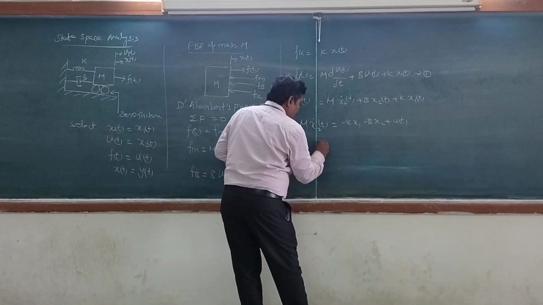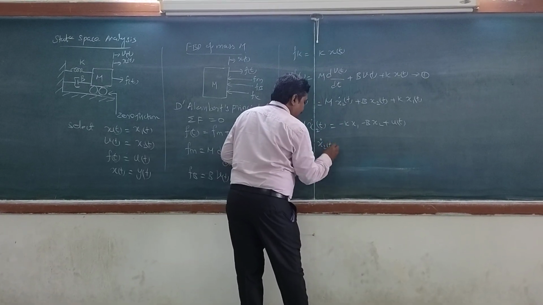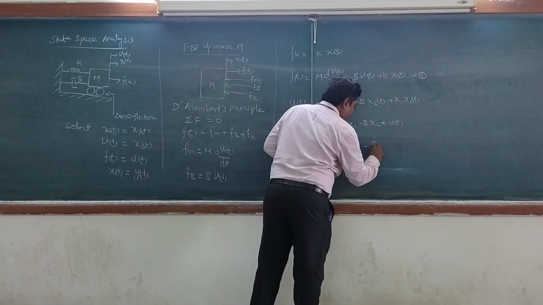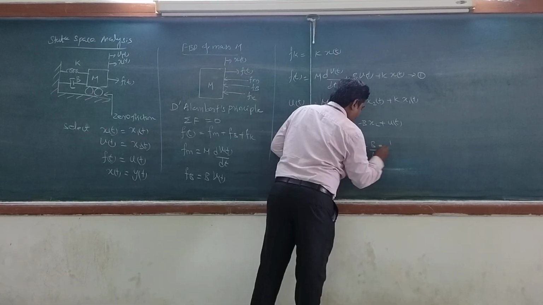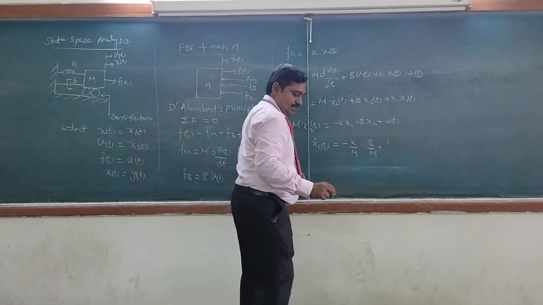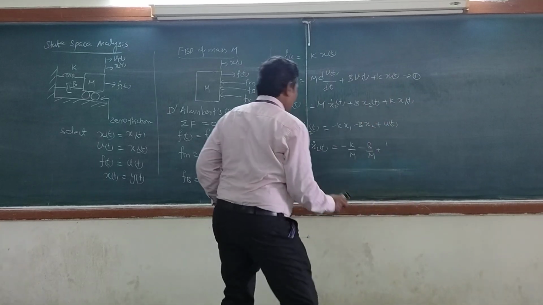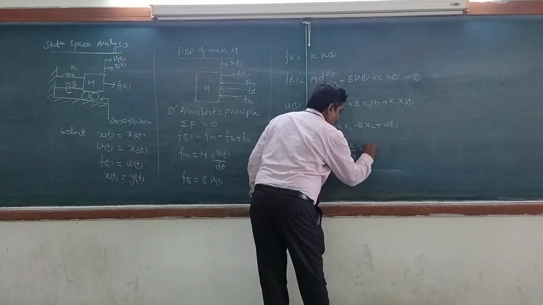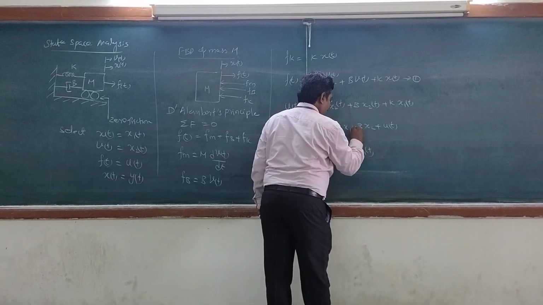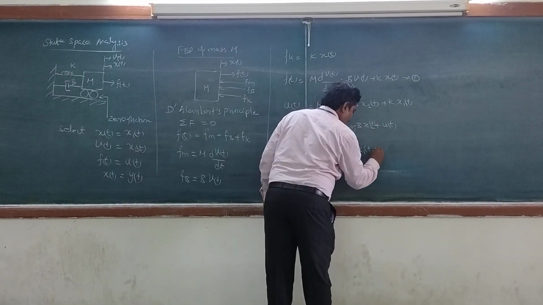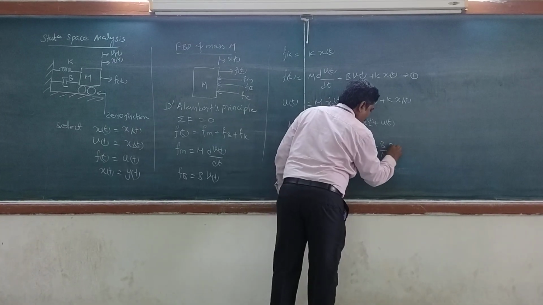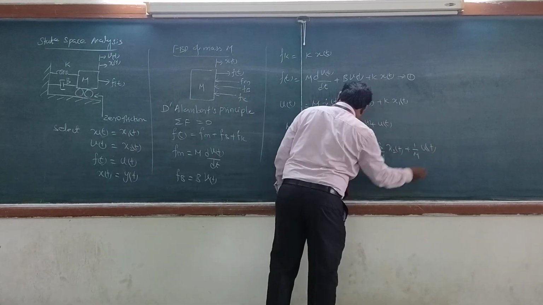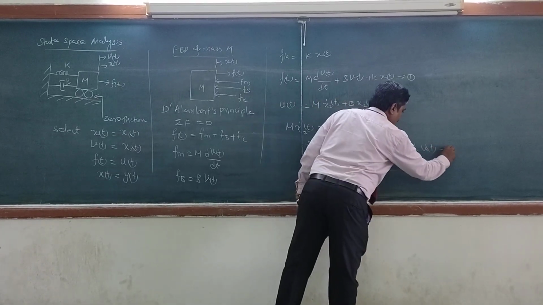So x2 dot of t is equal to minus k by m x1 minus b by m x2 of t plus 1 by m u of t. So this is equation number 2.